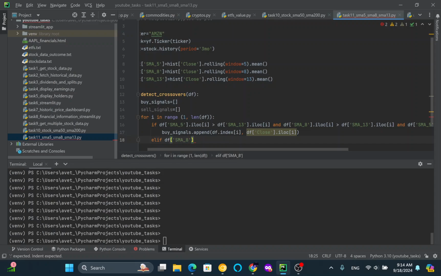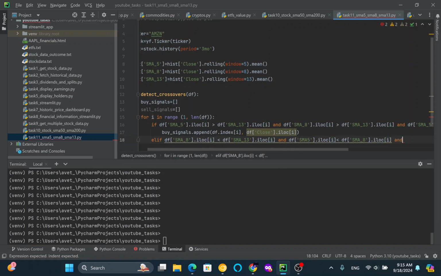Let's write it down as code. df SMA8 iloc i is lower than the SMA13 iloc i, and df SMA5 iloc i is below df SMA8 iloc i.